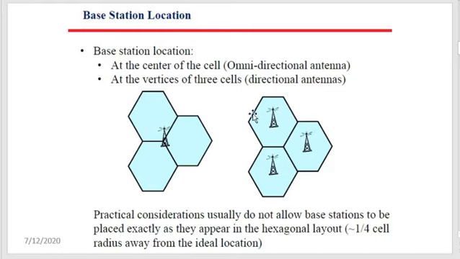If you notice, this can be considered as 120-degree, because this is somewhat 90. If you further expand it, this complete angle will be 120-degree. So when we are representing a 120-degree sector, this can easily represent 120 degrees.